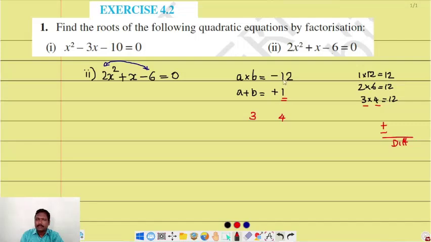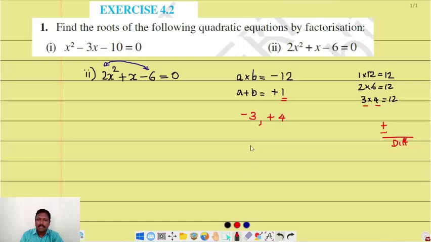So here, see the bigger number sign. That means 4 is positive and this 3 is negative. Now you can check negative 3 into positive 4 will be negative 12. And negative 3 and positive 4, when we add, we will get plus 1. Difference and bigger number sign, plus 1.